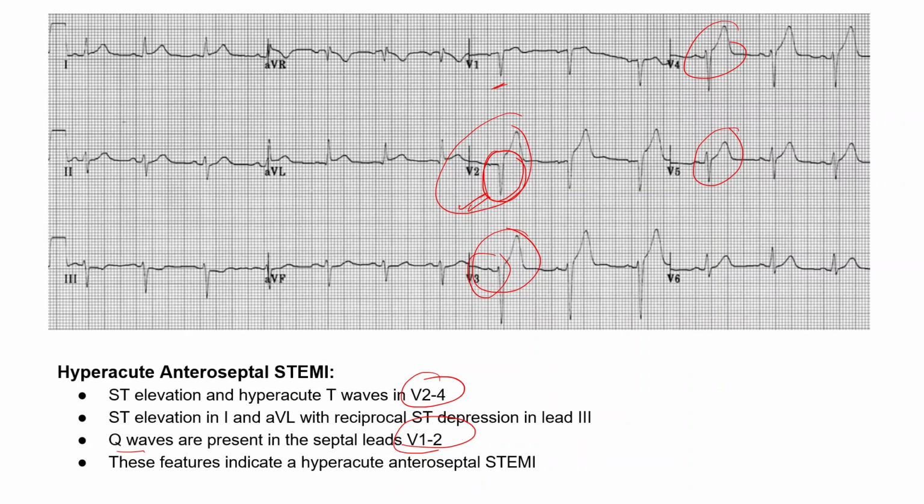As you can appreciate here, in lead 3 you can find somewhat ST depression. Lead 2 it is not very evident. Lead aVF again there is ST depression. I hope you can appreciate. These are hyperacute T waves, and this is a Q wave. This is also a Q wave.